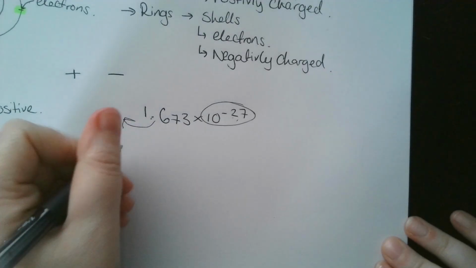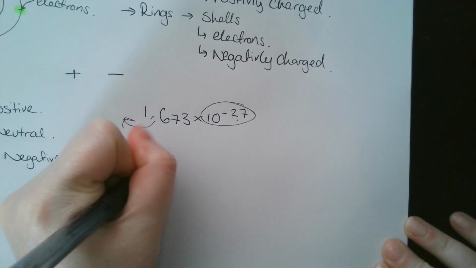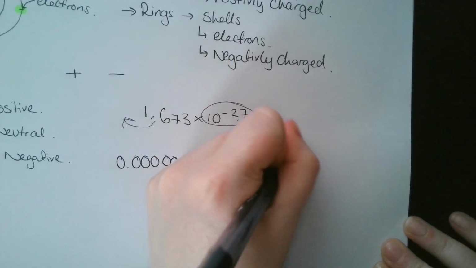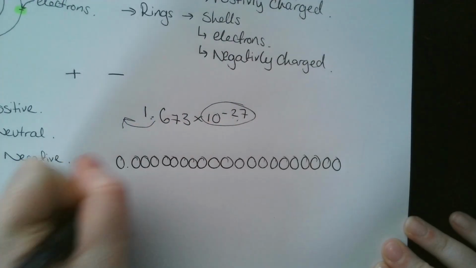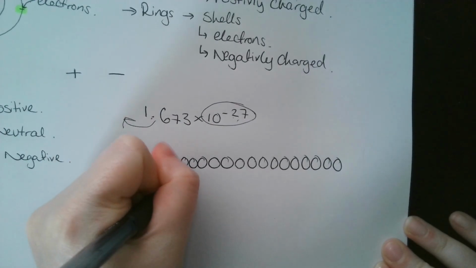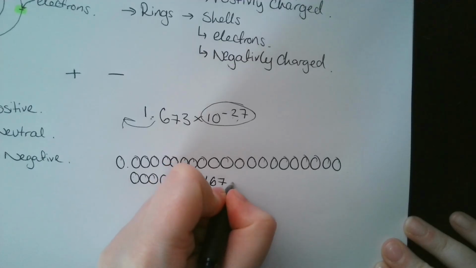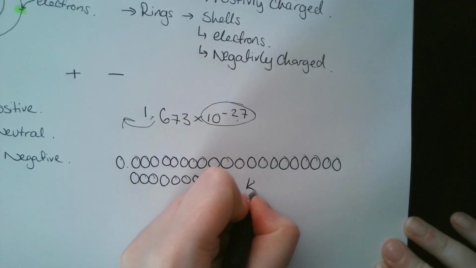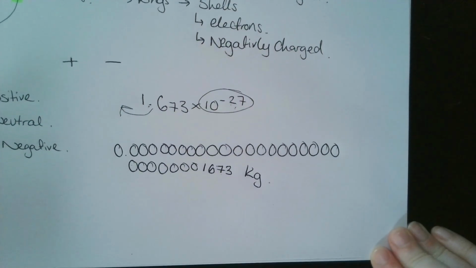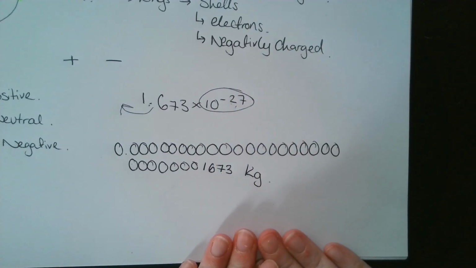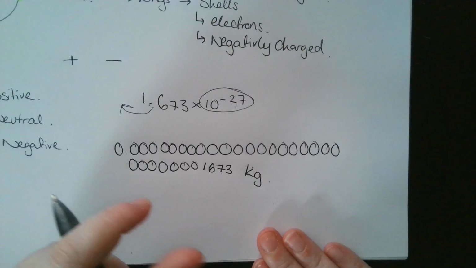So 1, 2, 3, 4, 5, 6, 7 ... That is how much one proton weighs. That is tiny, tiny, tiny.